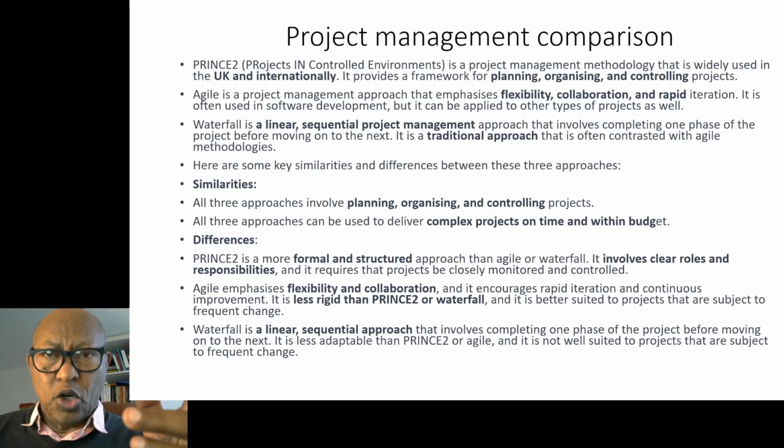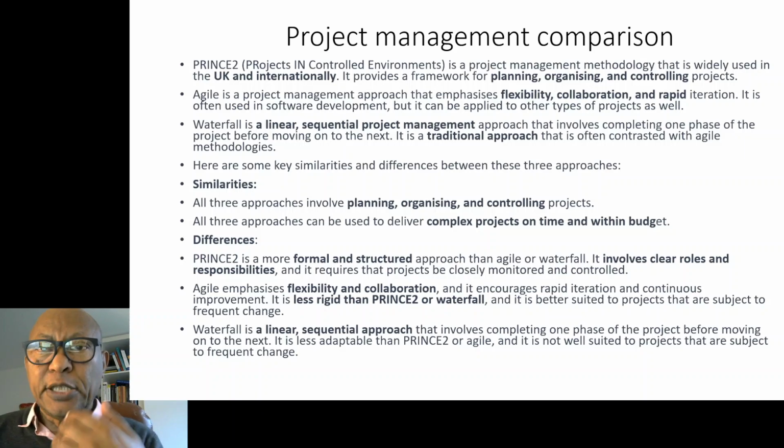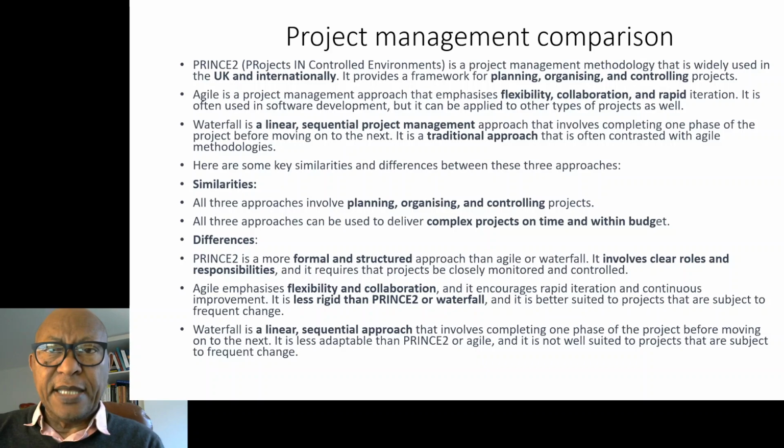Sometimes it changes the scope, or the quality or performance of the product or services, and Agile can adjust to that requirement. That is where it brings flexibility. It is also collaborative, in that the designers and producers of the product constantly consult with users of the systems and take their feedback.